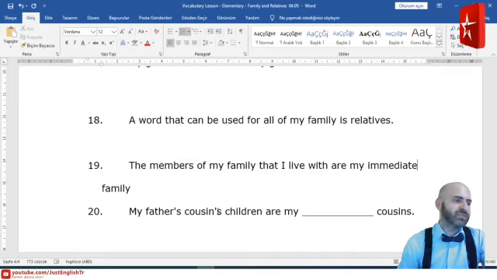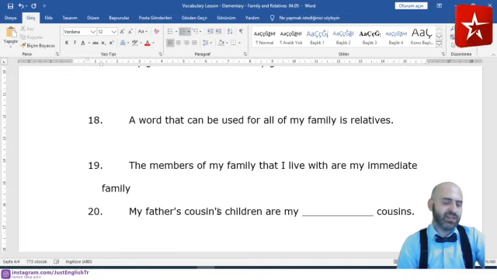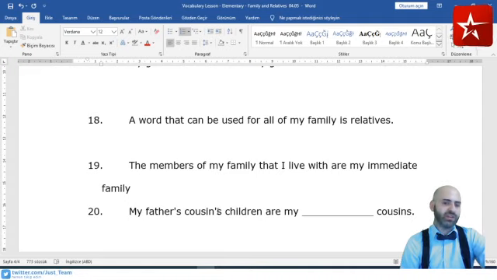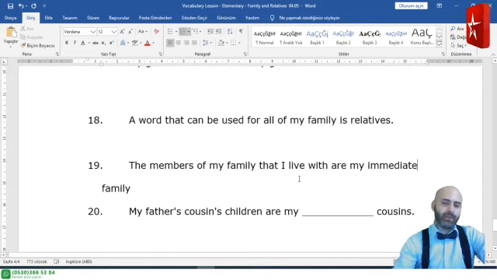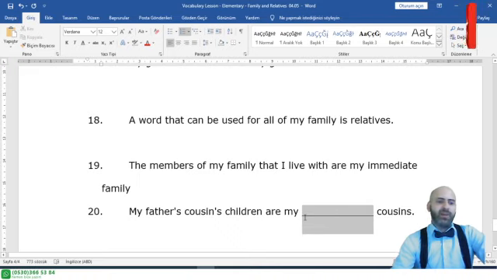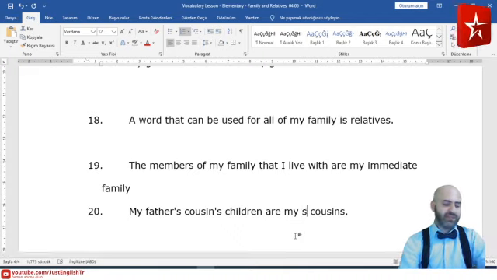Actually, this one also depends on culture. In some culture, we don't use this one, but in some culture, we use this word. For example, in Russian-speaking countries, this is very popular, the same way with English language, but in my country we never use this phrase. The answer here is second cousin.